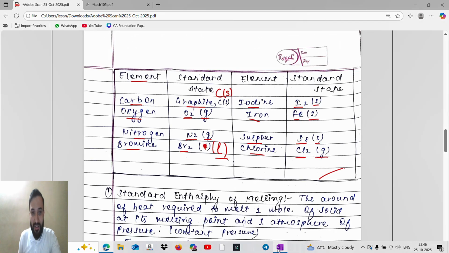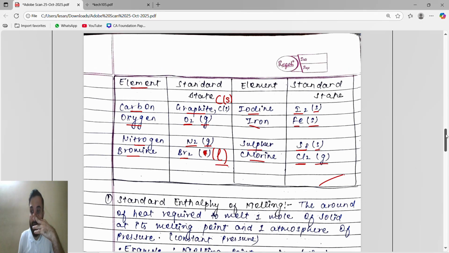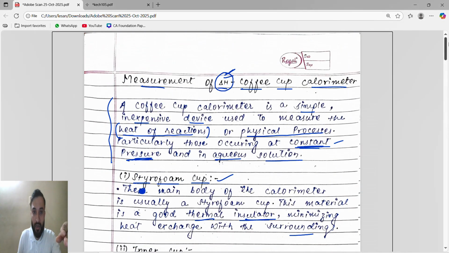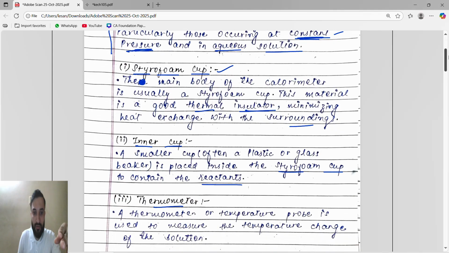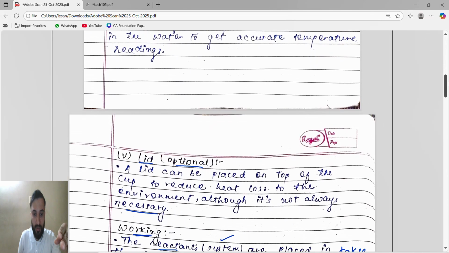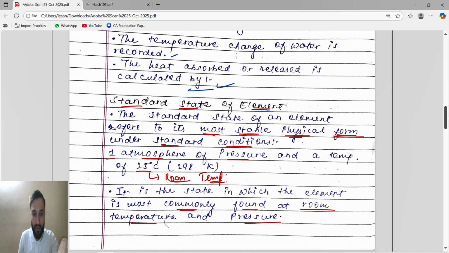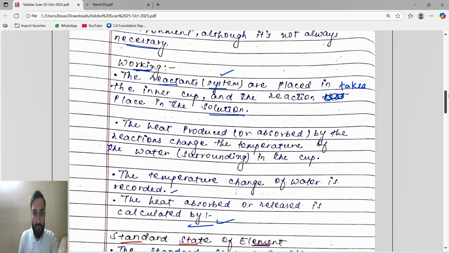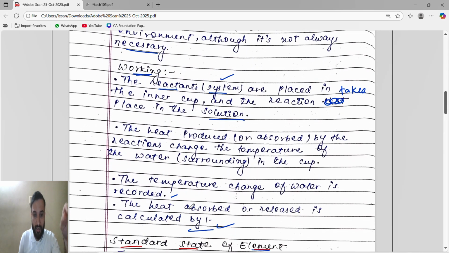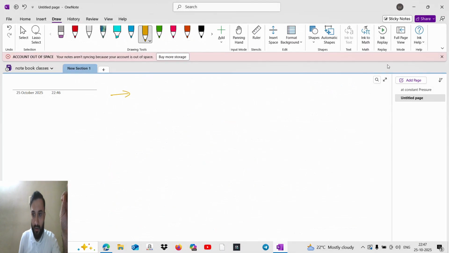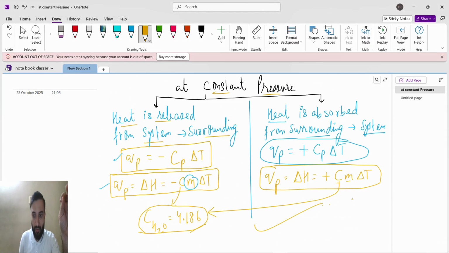Okay, so after this we get to know how to write, right? We'll start from here, measurement of delta H. We'll write all these things, then we will write the working. After working, the heat absorbed or released is calculated by, till here you will write, then you have to write down this whole slide.